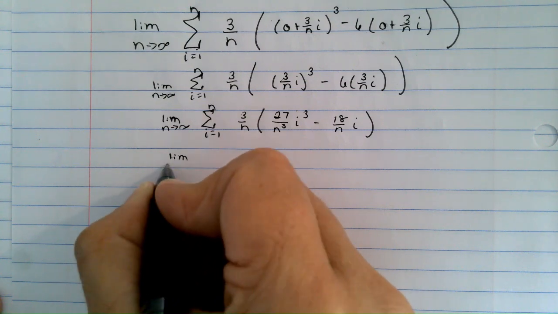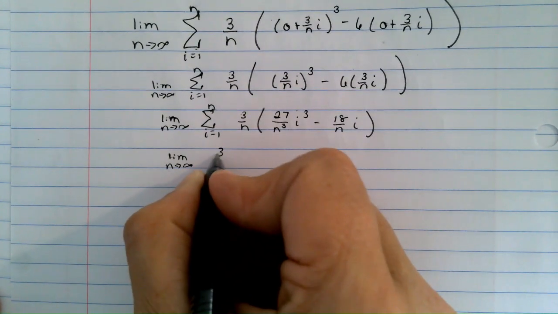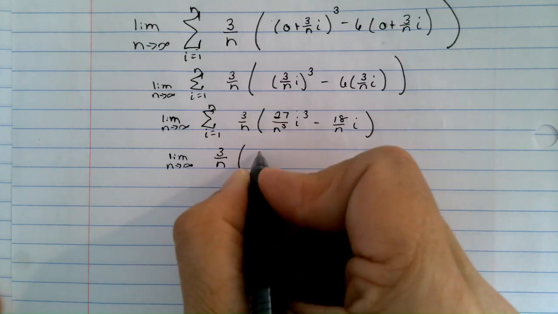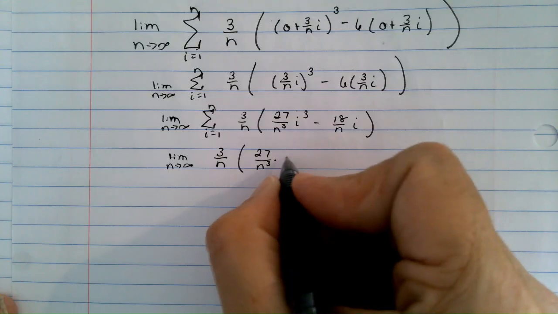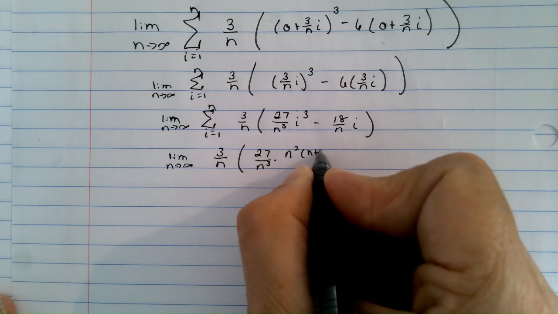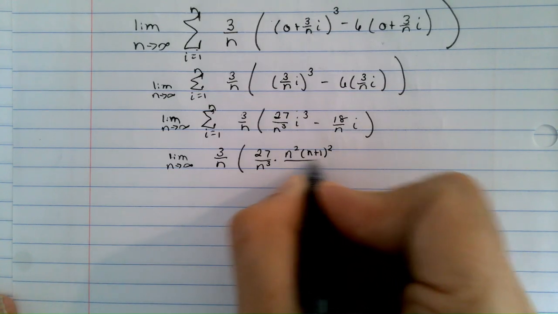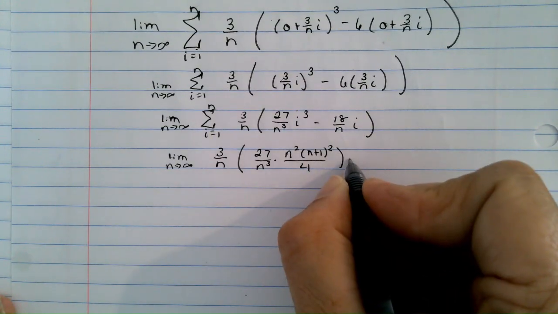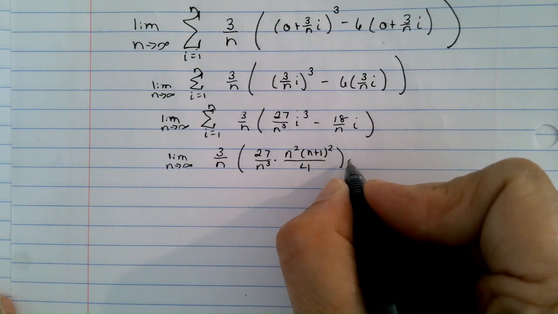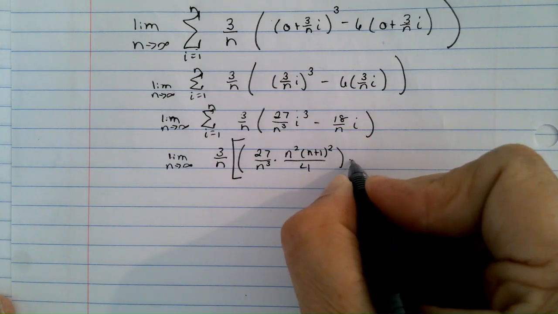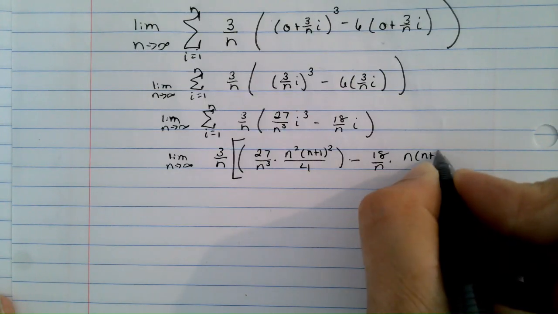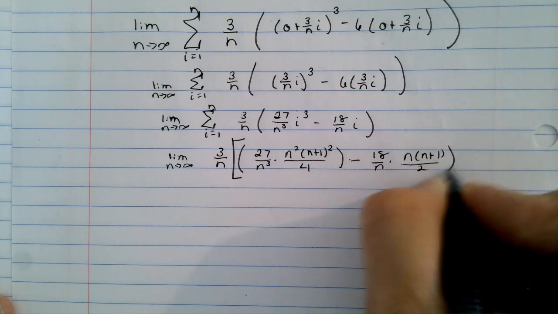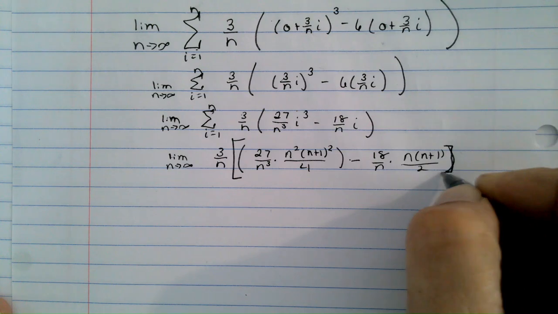So the limit as n approaches infinity of 3 over n multiplied by 27 over n cubed. The i cubed rule was n squared, n plus 1 squared over 4. Minus the 18 over n times the i rule, n plus 1 over 2. Now we can close that out. Okay.